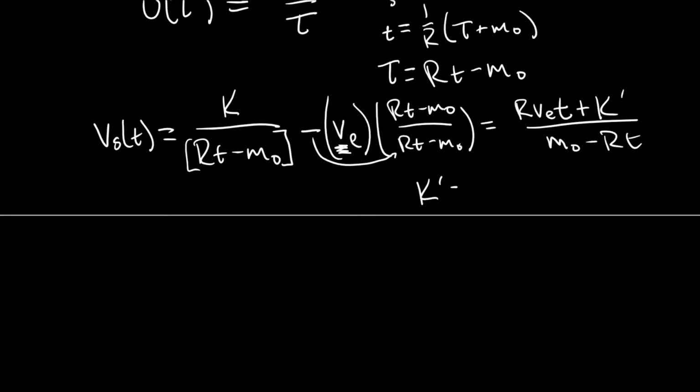Since they're all constants, I don't really care what I call it, but this is minus k minus m naught VE.